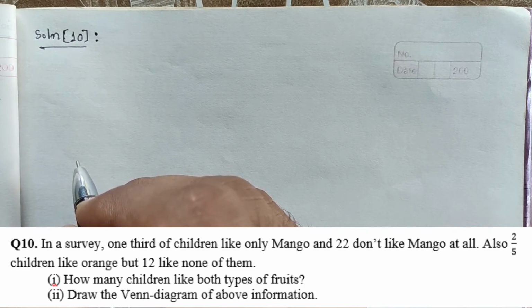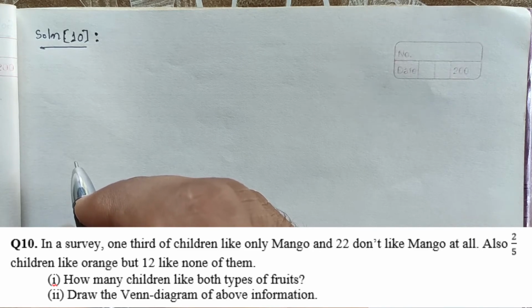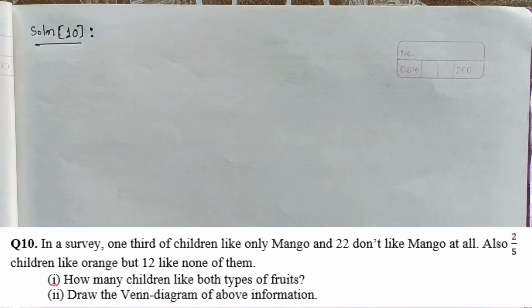1/3 of children like only mango. We don't know the total number of students or children, but the question says 1/3 of children like only mango, and only M is given. 22 don't like mango. So that complement is given here, and 2/5 like orange.